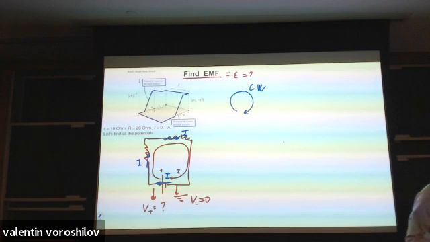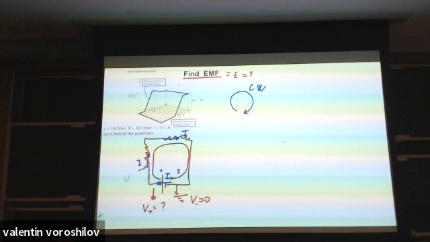Now, potential. Well, so we have no value for this potential, but we know until this place it remains the same. So this is V plus.